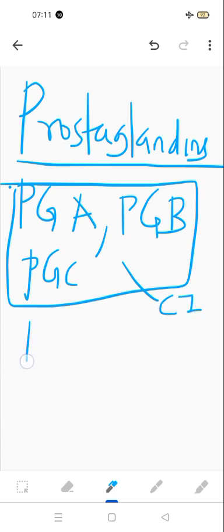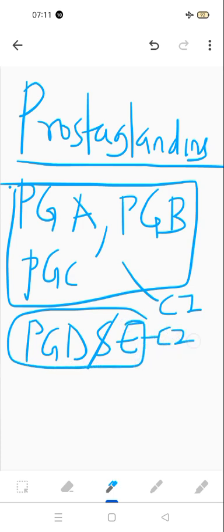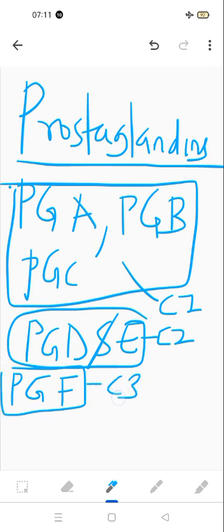Prostaglandin D and E will be classified into class 2 prostaglandin, and prostaglandin F series as class 3 prostaglandin.